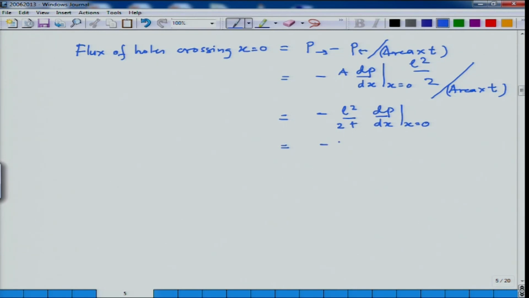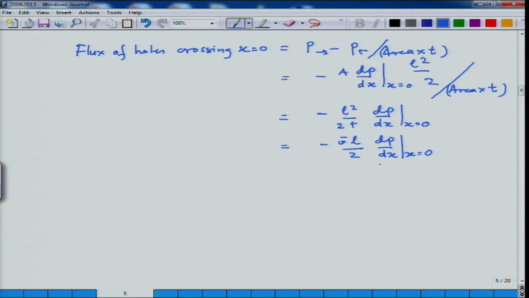So, this expression is nothing but minus V bar L by 2 dP dx at 0. So, this is the flux of holes crossing x equal to 0.